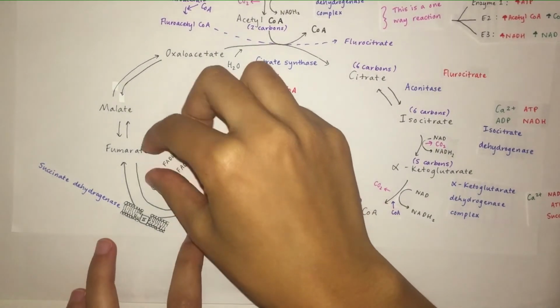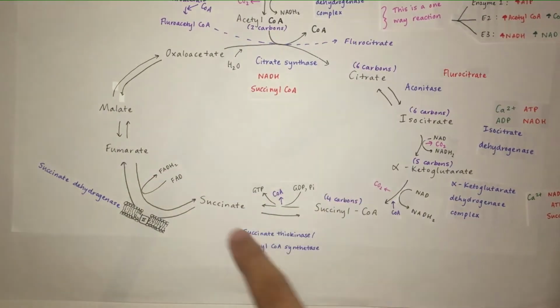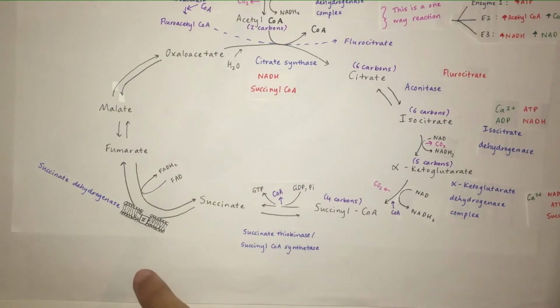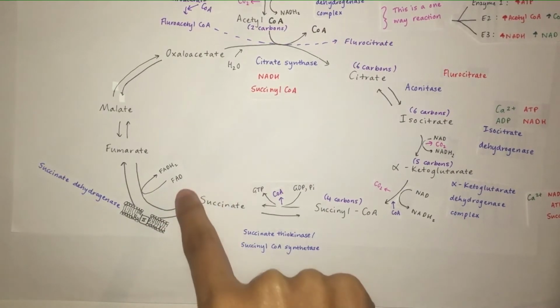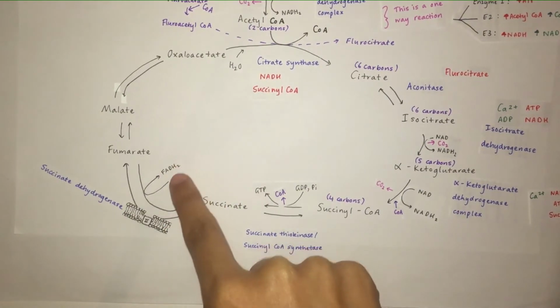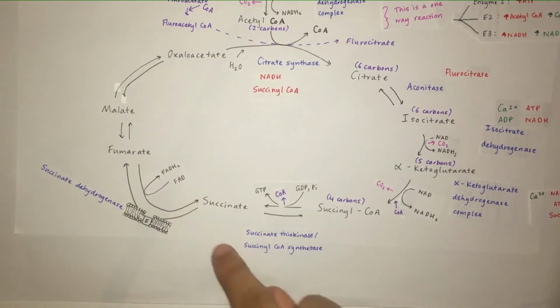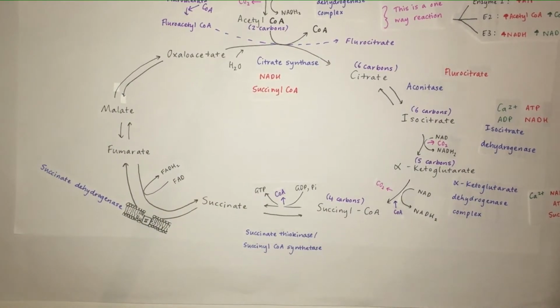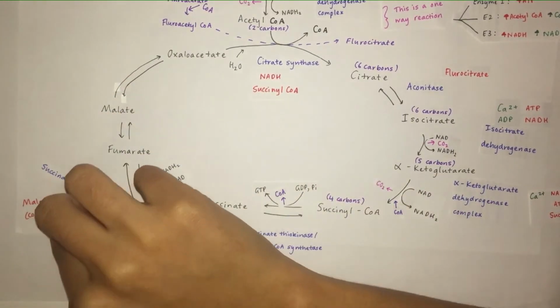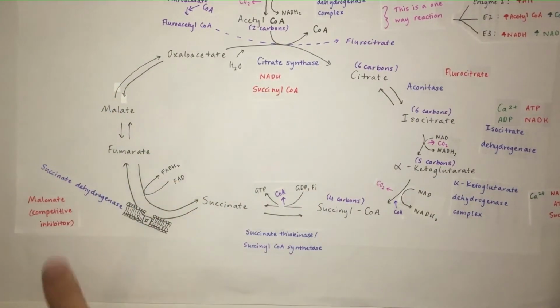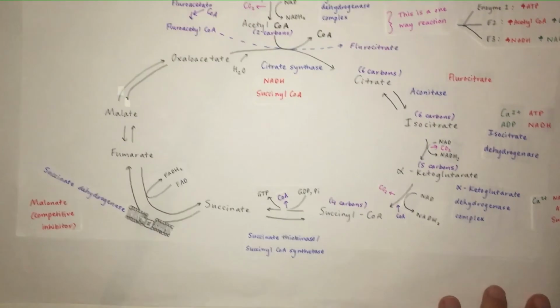And in complex 2, if you look at the electron transport chain video, an FADH2 becomes an FAD, but in this case, an FAD is becoming an FADH2. That's what its function is in this cycle. So we're producing an FADH2, and malonate is a competitive inhibitor of succinate dehydrogenase. So make sure you commit that one to memory.